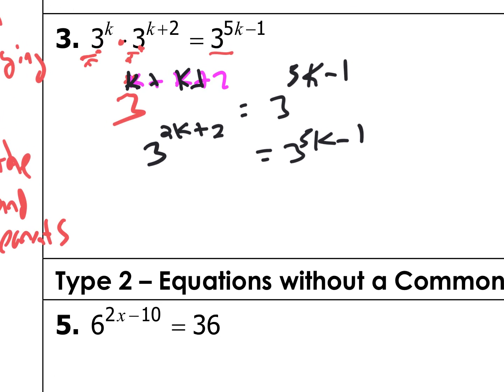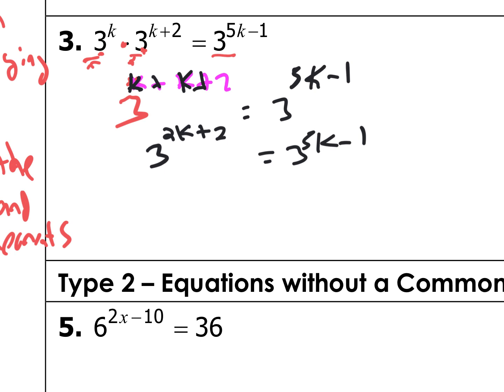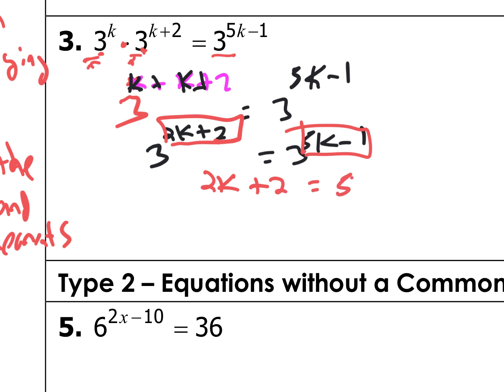The new lesson says when you have an equation with the same base on both sides, we're going to realize that this exponent will be equal to this exponent. So you write out 2k plus 2 has to be equal to 5k minus 1.